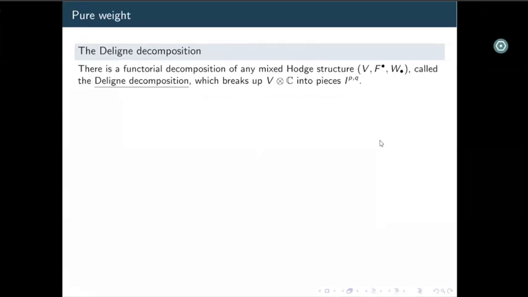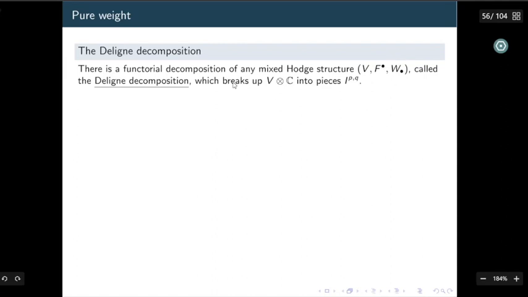So going back to the title of the talk, I'll introduce some technological gadget here. It's not extremely important to understand, but for any mixed Hodge structure, you can produce this functorial decomposition. Again, V is a rational vector space, F is a decreasing filtration on V tensored with C, and W is your increasing weight filtration.